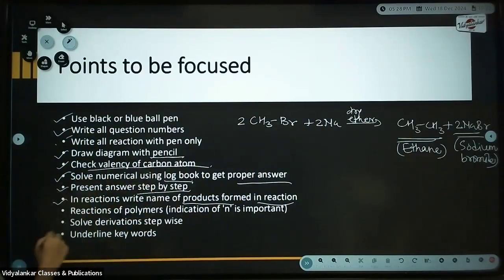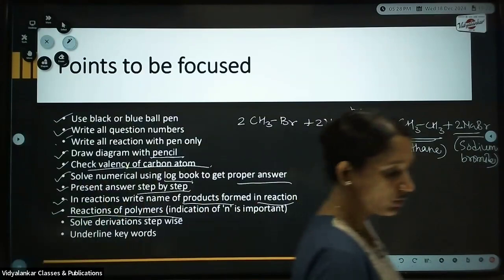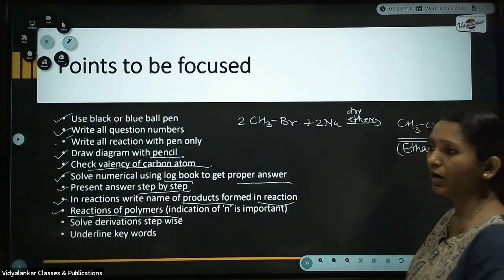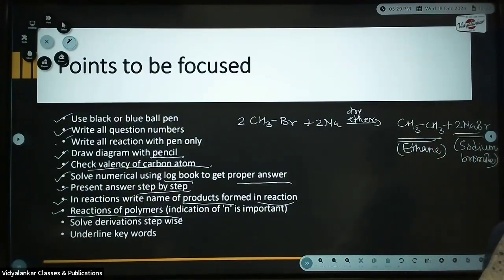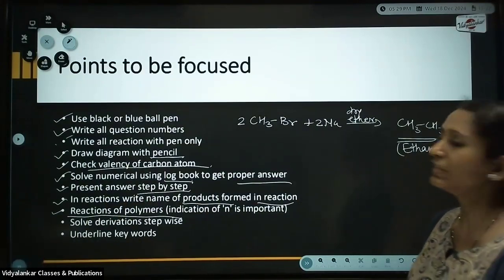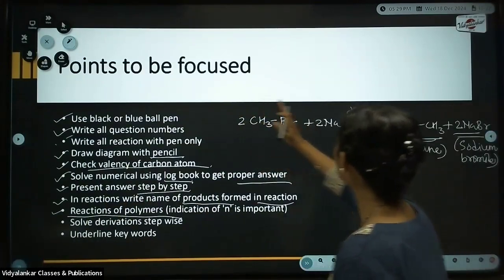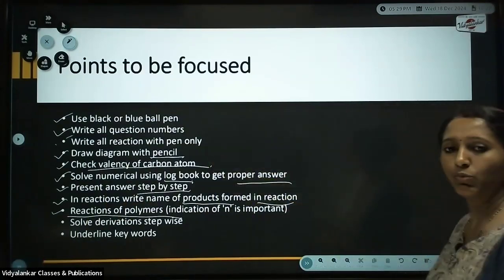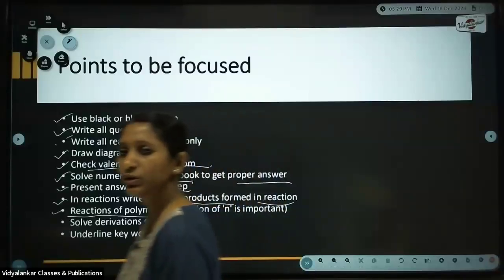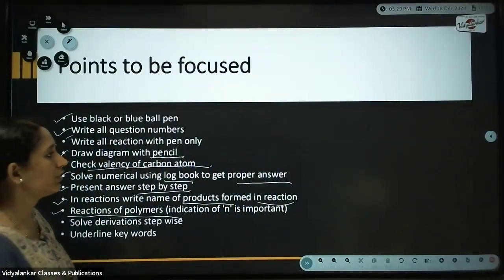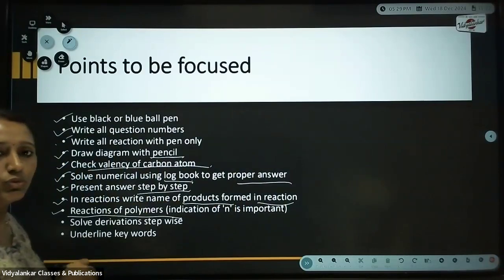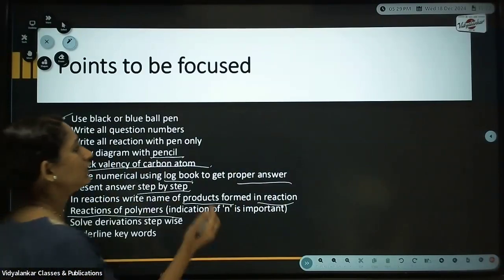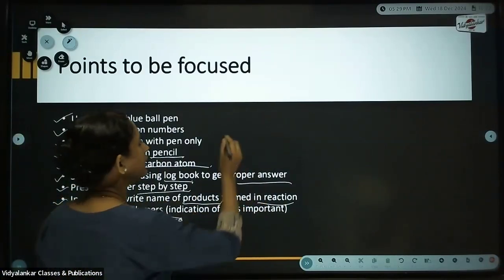Clear? Similar to this, if you are writing any reaction from the polymers chapter, for example, if you are asked how you will prepare polyethylene, the polyethylene preparation reaction. In such a case, see, polymers are what? Where the monomers react with each other and form polymers. So as we are asked to form polyethylene, the monomer is ethene.